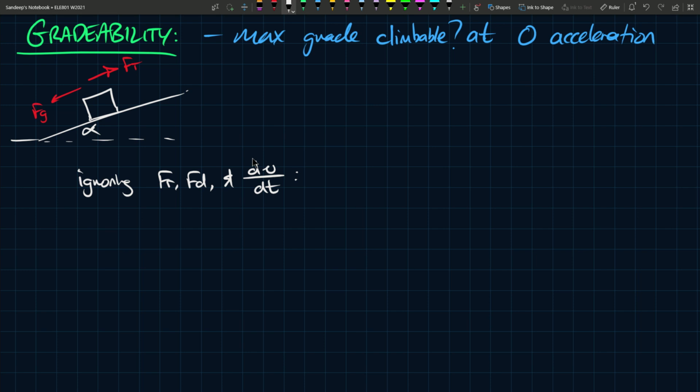You basically end up with Ft approximately equal to Fg, which is what this diagram up here shows us, meaning that Ft is equal to mg sine alpha. Now we know from mathematics that tan alpha is equal to sine alpha over cos alpha.